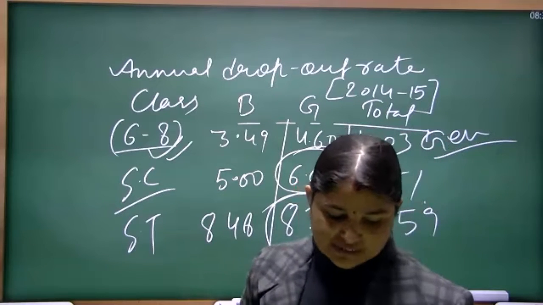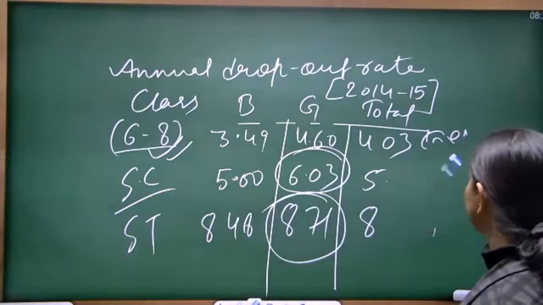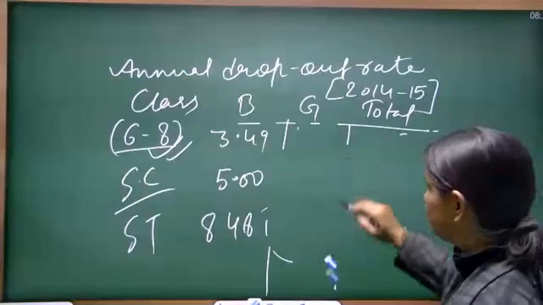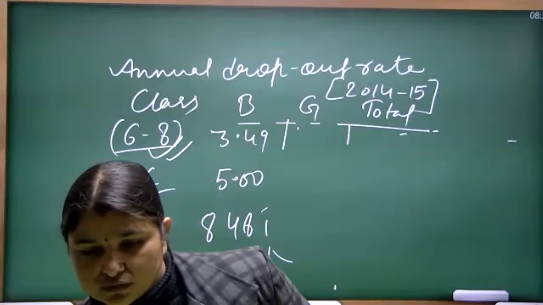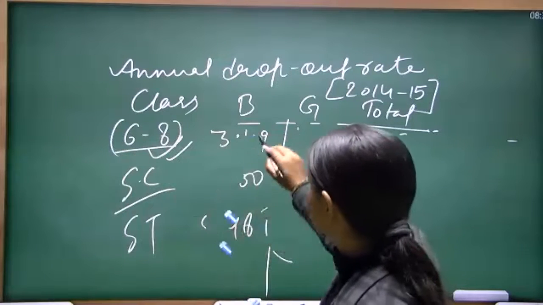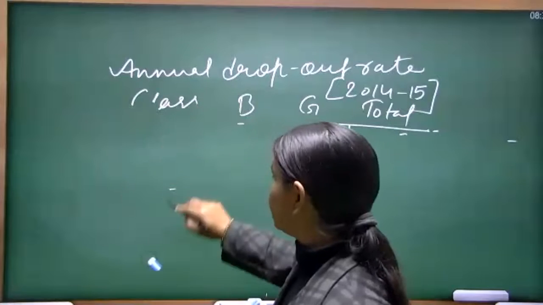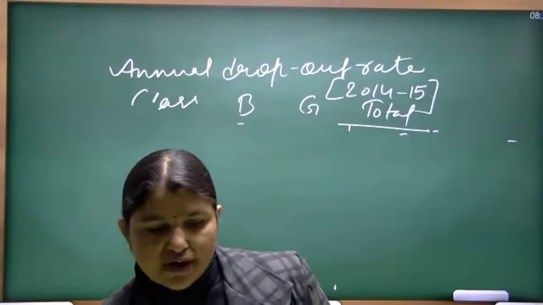In the same manner, the last one is for classes 10 to 12. It is given in your book, so if you have the book, you can check there. I am not writing the last one on the board.